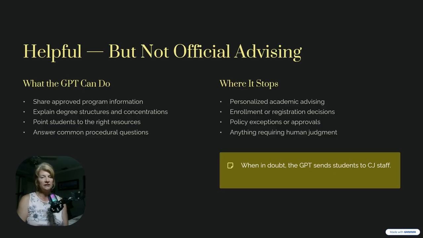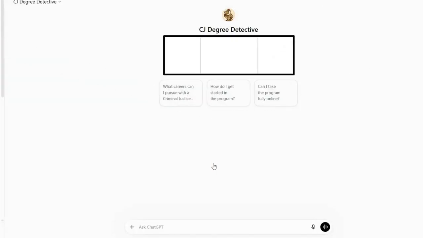So when a student needs that level of help, the criminal justice degree detective sends them back to me, the criminal justice program staff. Let's take a look at the criminal justice degree detective. So this is the criminal justice degree detective.